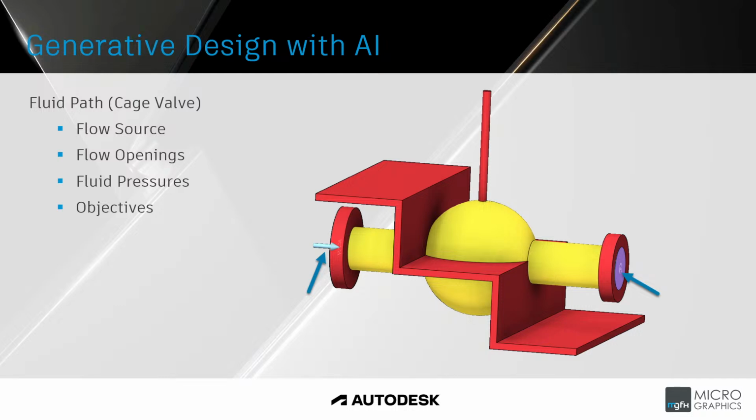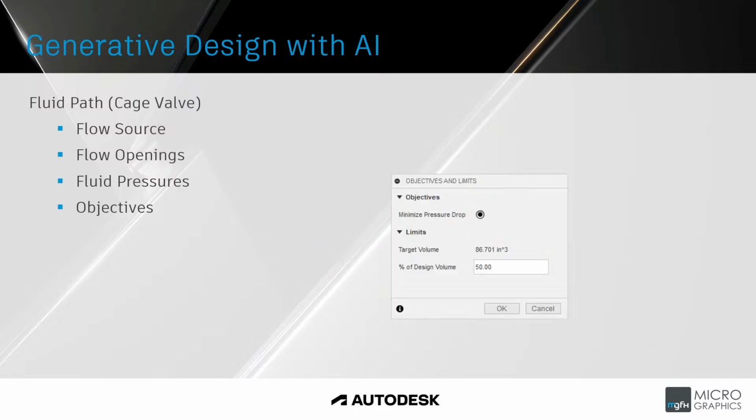We can also assign fluid pressures. So here we can see we have the objective where we can minimize the pressure drop, and we have limits as well. We want to set a limit on how far we are reducing the design volume.